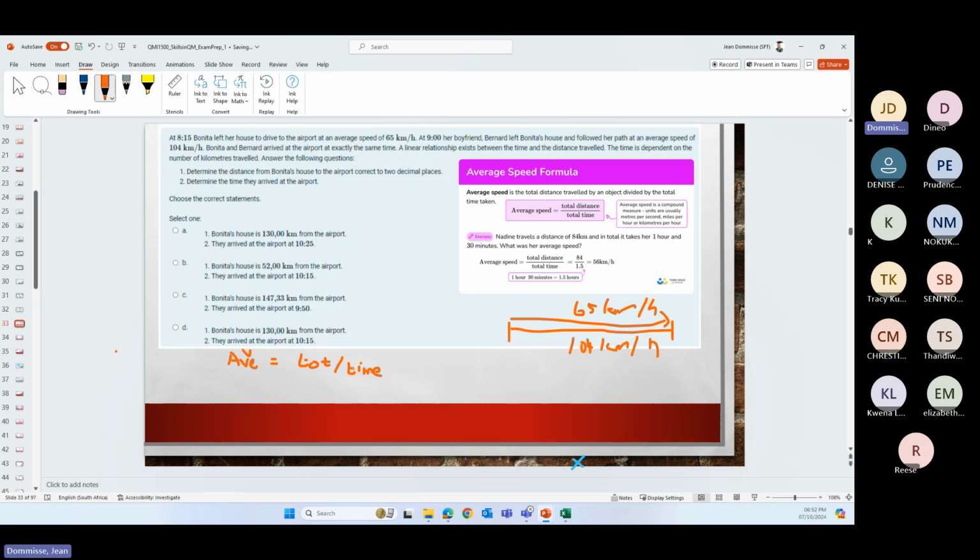So what I said when I worked this out is, for Bonita, it was 65, total divided by time. So I want to get total on its own, so it is 65 times time.